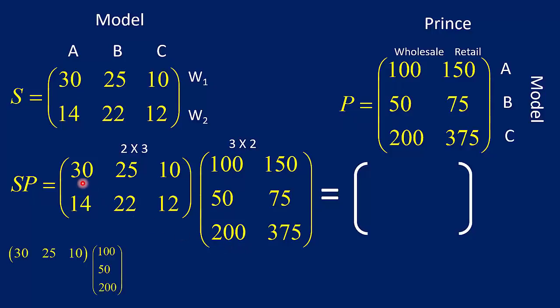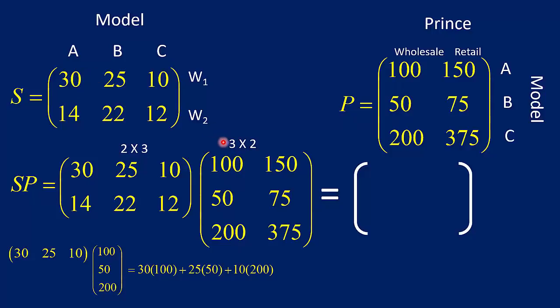Okay, so look. Now notice row 1 is warehouse 1. So we're taking warehouse 1 quantities for each model and multiplying it by its corresponding wholesale price. So look, we're going to take 30 times 100. That's the wholesale value of product for Model A at warehouse 1.